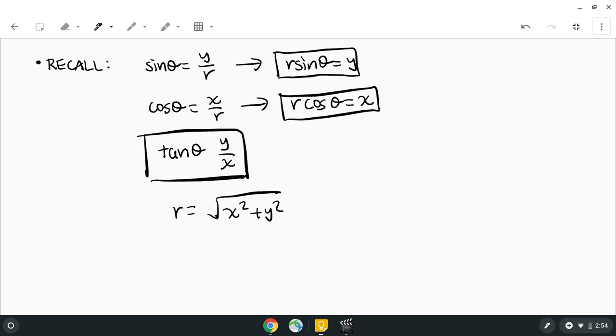This comes from the equation of a circle centered at 0, 0. So this one here, this tangent one, we will be using this one to find the angles.